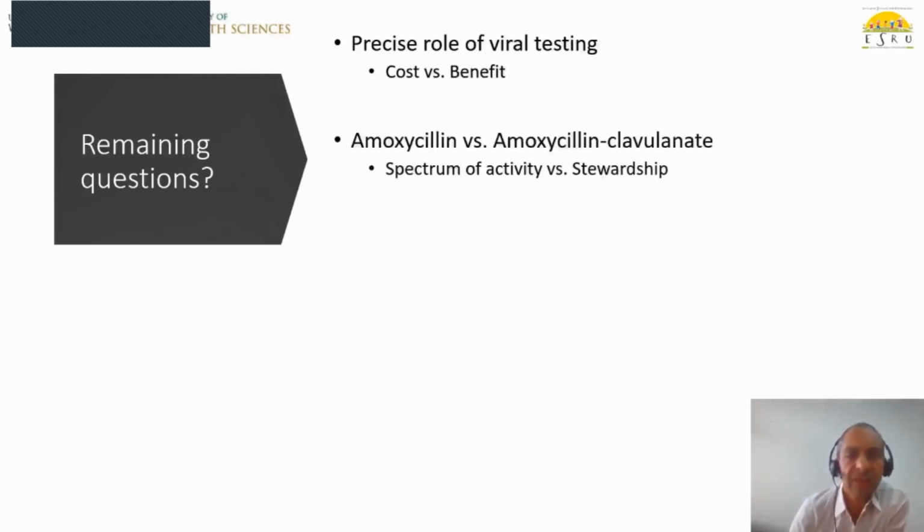Questions have been asked about the guideline group's decision to switch from recommending amoxicillin or ampicillin to amoxicillin clavulanate for empiric therapy for inpatients, and I've given you the reasons why the group decided to do that, largely because of the need for an increased spectrum of activity for the pathogens that are more likely to be involved.